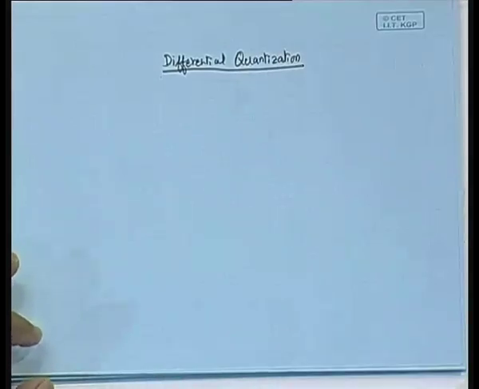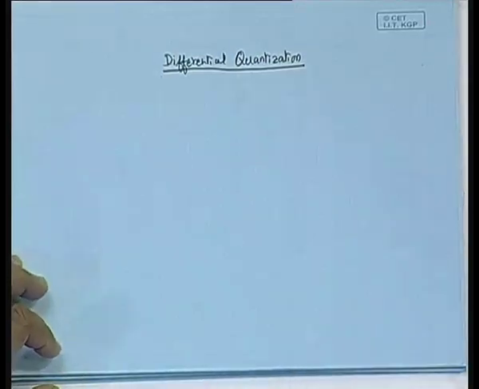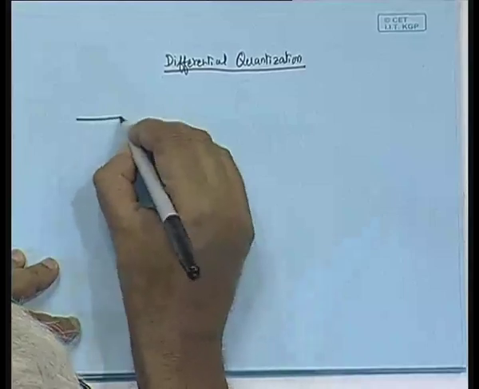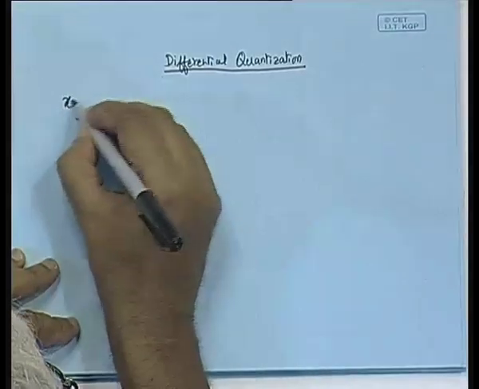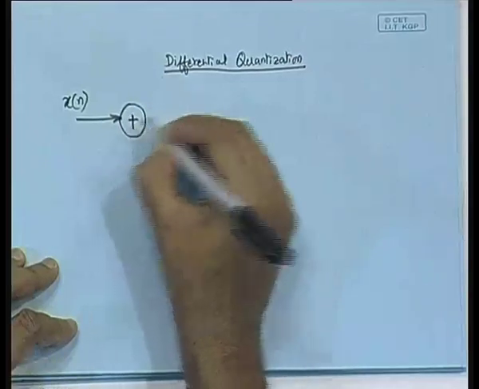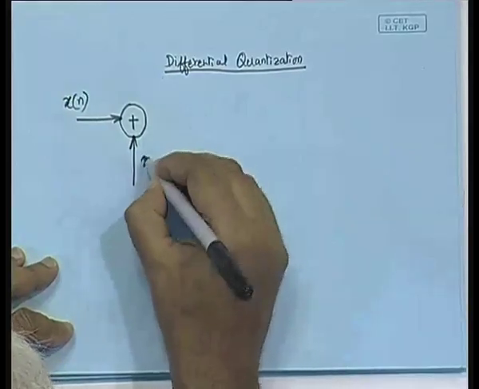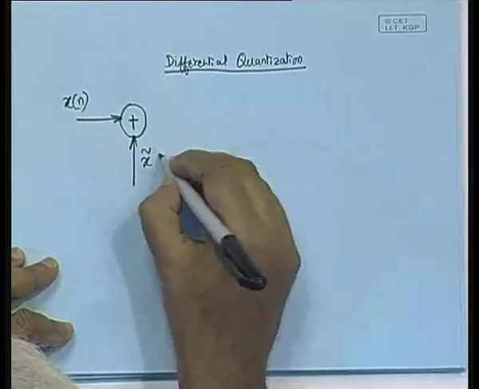Now, in differential quantization, the basic principle I believe all of you will know, but we have a block diagram which goes something like this: x of n, and then we have a summer block, and here we have the predicted signal.